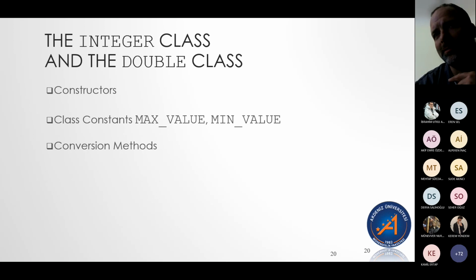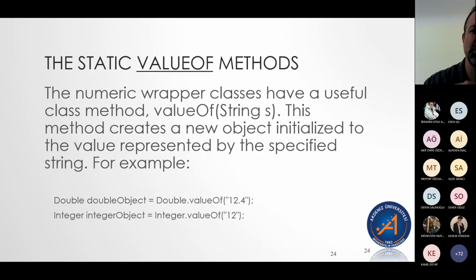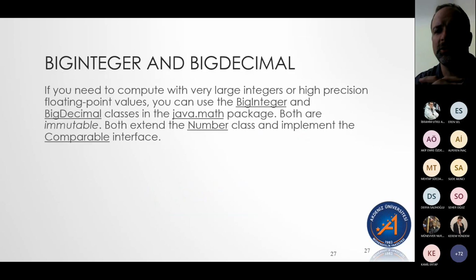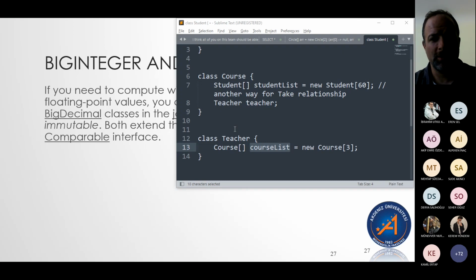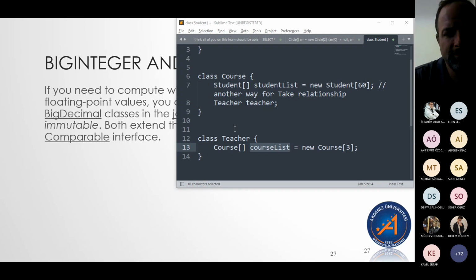I could do a long, but even that has a maximum. If I needed huge numbers, maybe representing things like Avogadro's number, then I'm going to need something like the BigInteger and BigDecimal values.